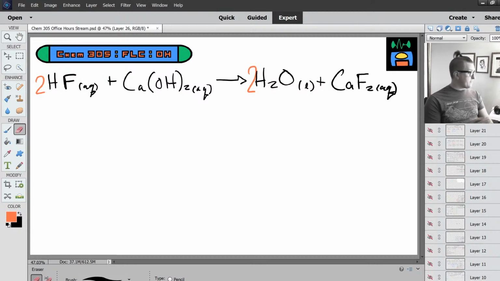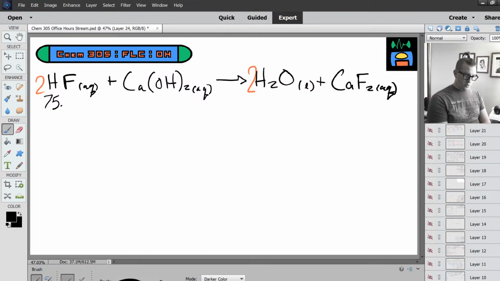Okay, so we have a balanced chemical equation. Now we're asked how many grams of aqueous salt were made. This is a weird kind of request. When you look at what we're given in this problem, we have 75.0 milliliters of the HF solution, and we had 42.0 milliliters of the calcium hydroxide solution.